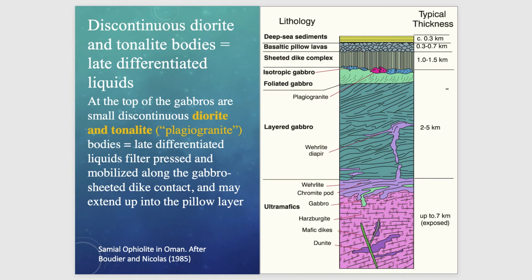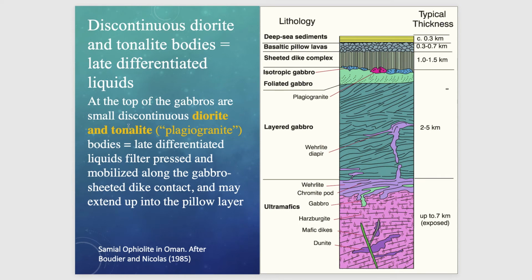Discontinuous diorite and tonalite bodies will occur. The plagiogranite or tonalite, we mentioned it, is essentially a highly fractionated magma that will intrude at the interface between the sheeted dike complex and the isotropic and foliated gabbro layer.